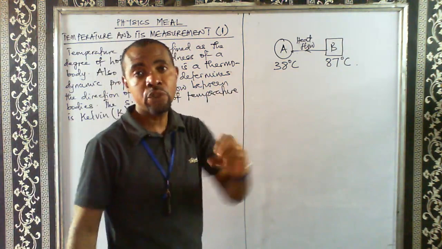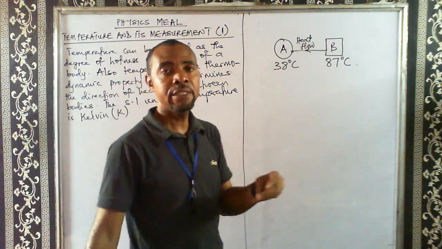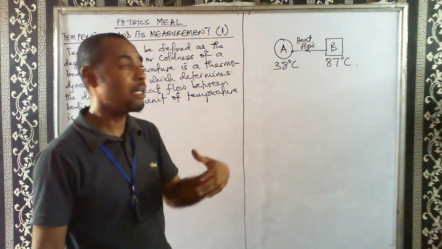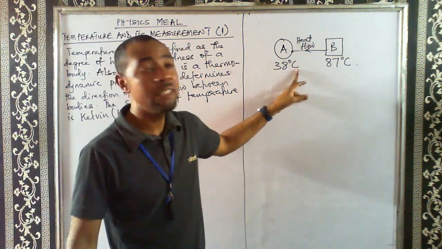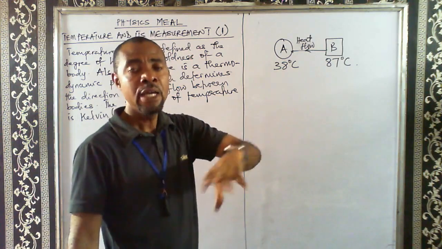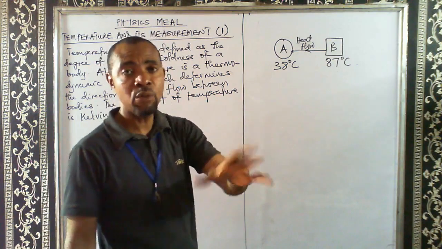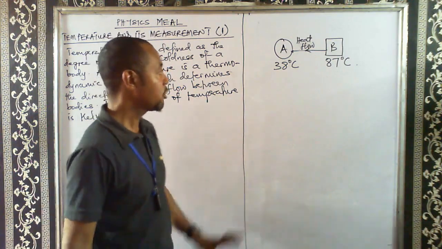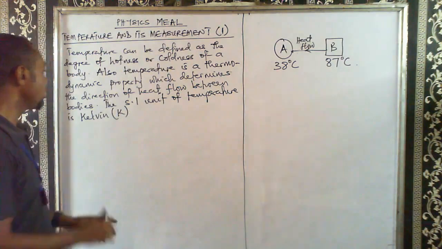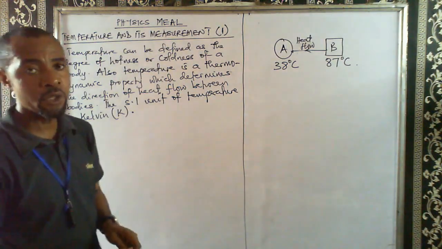That's the temperature scales. When we look at the temperature scale, we see different scales, like the centigrade scale, the Fahrenheit scale, and that's when we now start seeing units like Celsius, Fahrenheit. We have another one we call Rankine, but at this level we only look at the Celsius, the Fahrenheit, and the Kelvin. So the SI unit of measuring temperature is Kelvin.